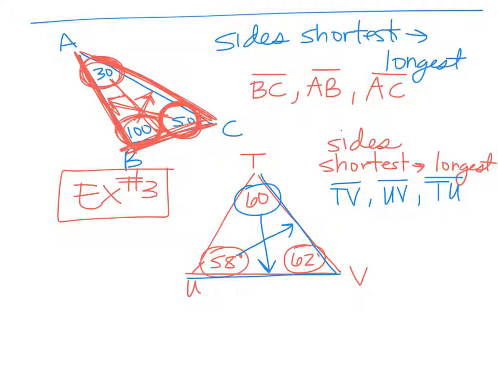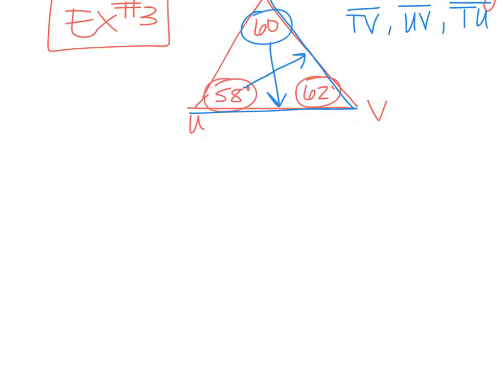Okay, then there's the triangle inequality theorem, and that just says the sum of any two sides of a triangle has to be greater than the third side, okay? Which, if you want to write that out, you are more than welcome to. It's the triangle inequality theorem.